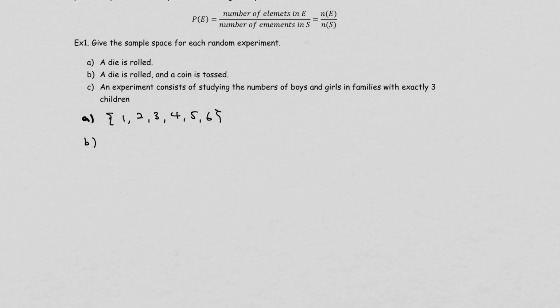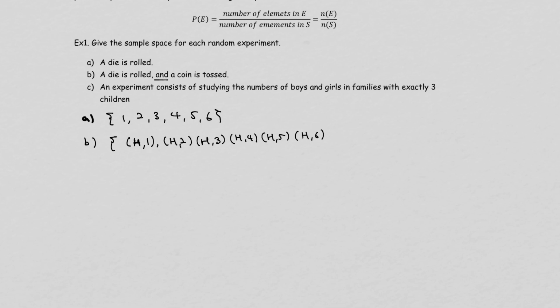What about B? You're rolling a dice, but at the same time, tossing a coin. So in that case, 2 things are happening. For the coin, you could have head, and when the coin has head, you could have dice 1 or 2. So this is what can happen with head: head with 3, head with 4, head with 5, head with 6.